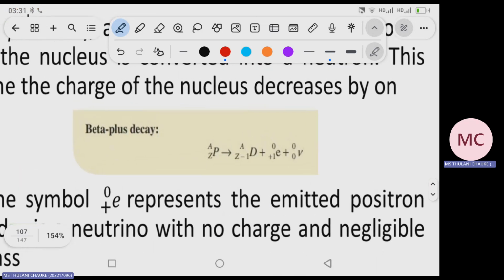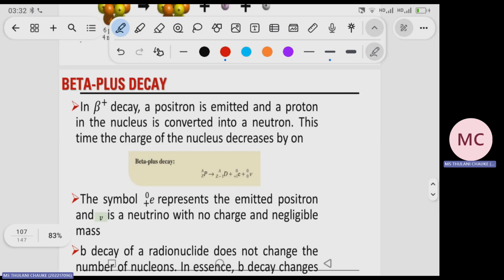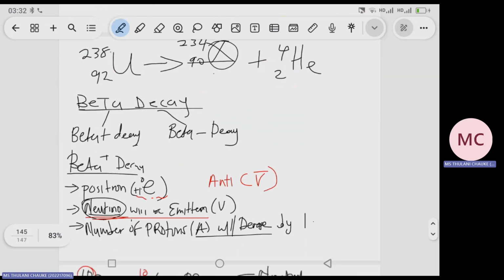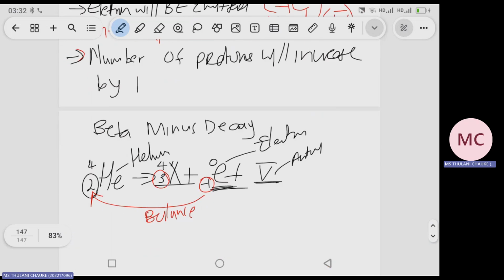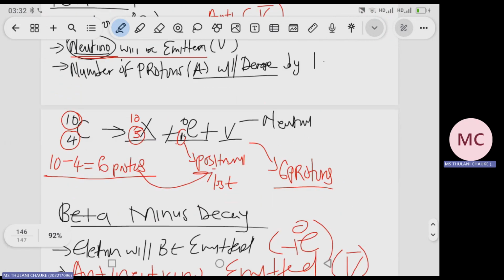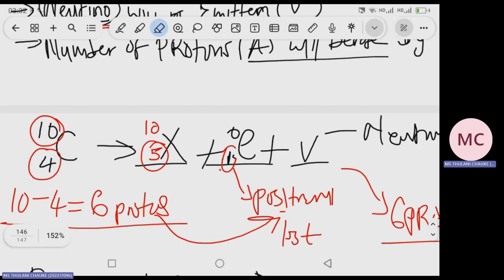Plus 1, positron. Oh, yeah, we actually did the opposite. So this one is the one for beta minus, and it is fine. Let's correct the one for beta plus. This one had a problem.